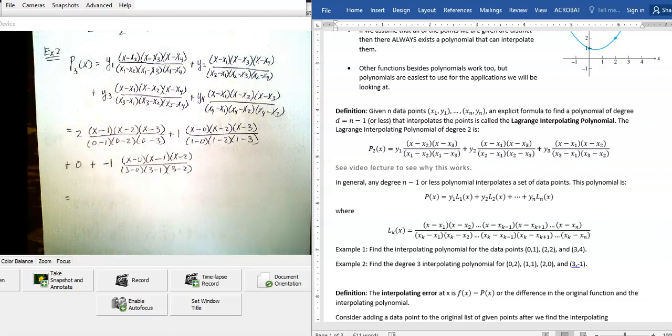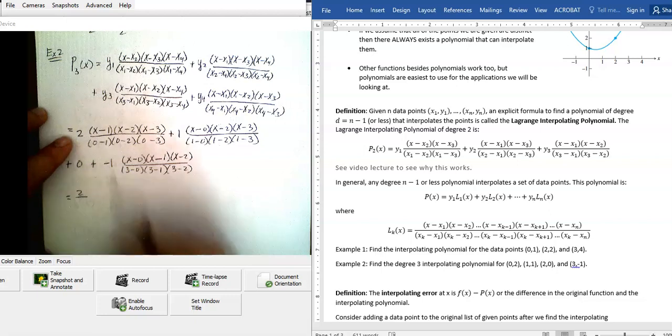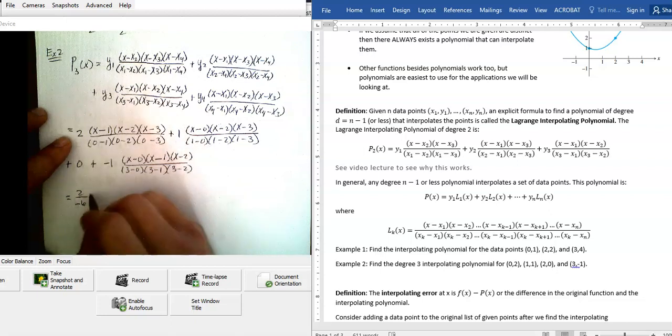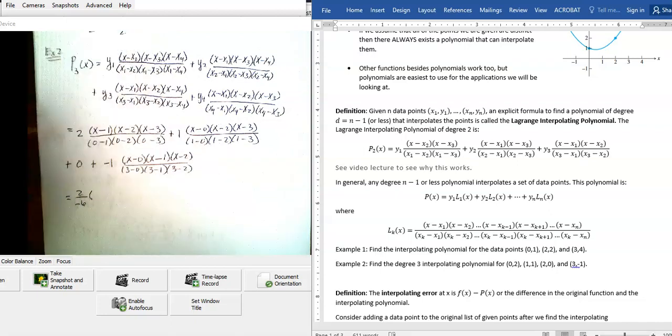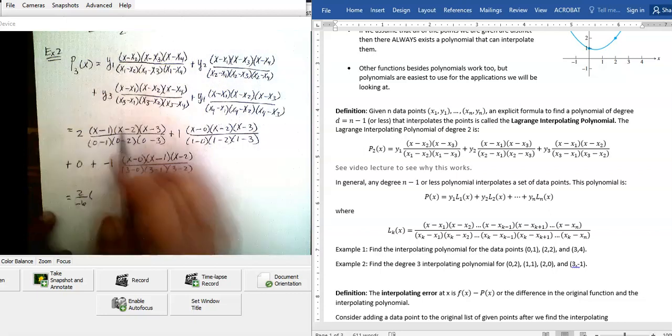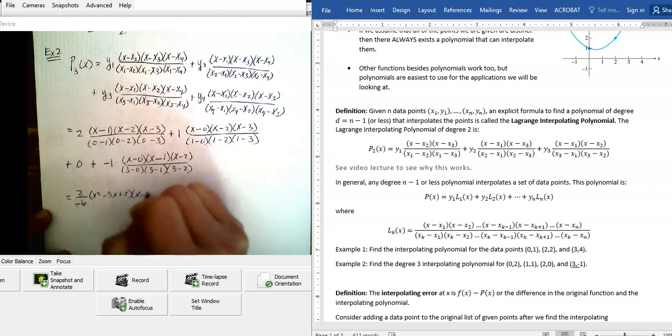Right? So let's see what we get. Here we'll have 2 over, now let's see what this is. It's negative 1 times negative 2, which is 2. 2 times negative 3 is negative 6. Times this product here. Alright, so x squared, we'll do the first ones here. x squared minus 3x plus 2 times x minus 3.